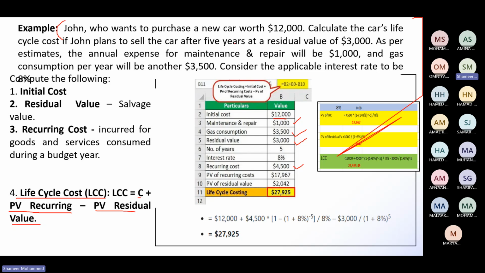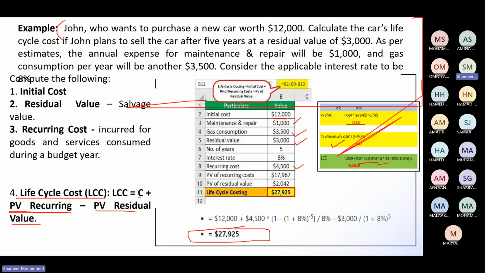So you supply all these values and find out the planned value of recurring cost, like this one. Then what is the planned value of residual? This. Then finally you add it: initial cost plus planned value of recurring cost minus planned value of residual. Then this is the life cycle cost of your project.